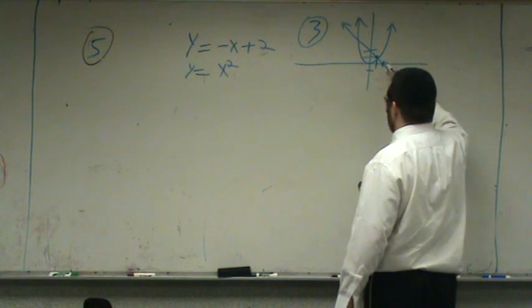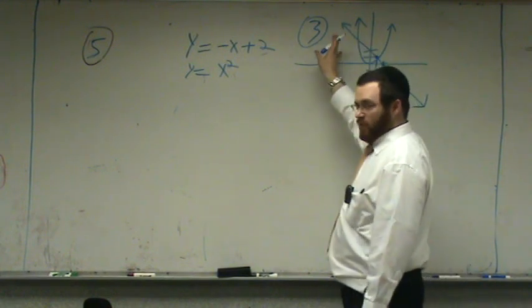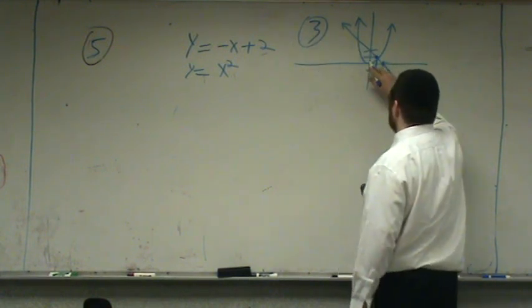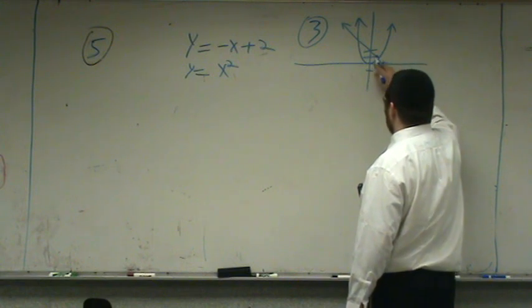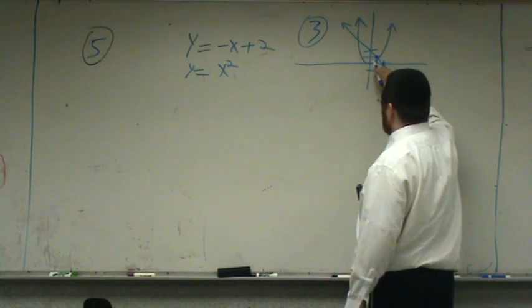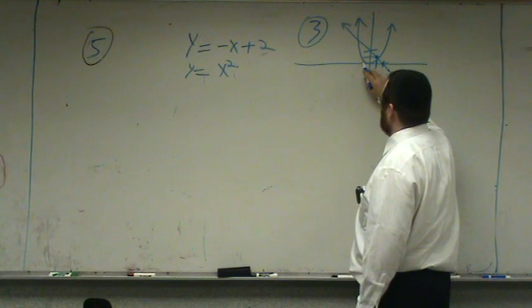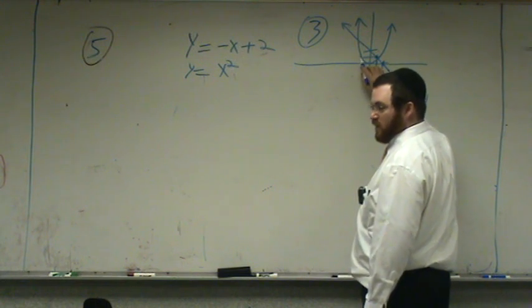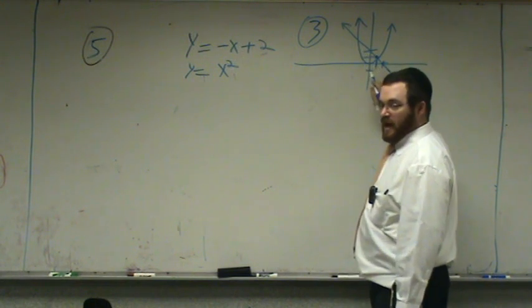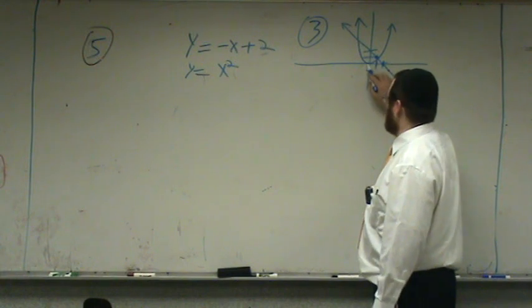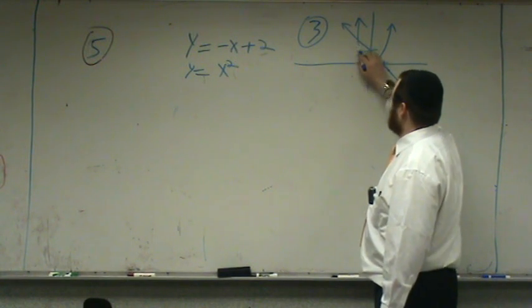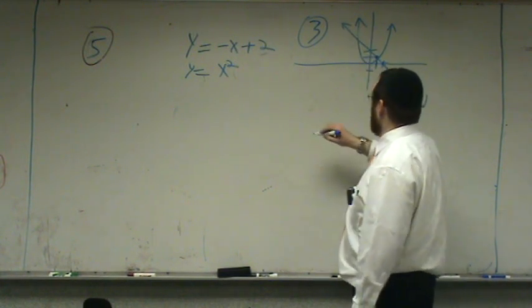So therefore this is correct, and also this is like y equals x squared. That means when x is 1, y is 1. When x is 2, y jumps up to 4, because it's 2 squared. When x is negative 1, y is negative 1 squared. So it still goes up. When x is negative 2, y is negative 2 squared, which is 4, so it goes up. So answer 3 is correct.